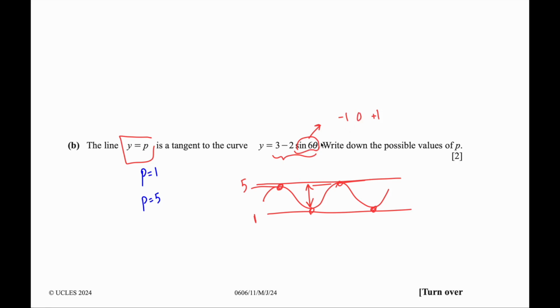Some students, unfortunately, think they get the minimum out of this if they choose 0, and that is not correct. Since this is -2 and I want the maximum number that I can take away from 3, if I multiply it by +1, I have -2 here, and 3 minus 2 is 1. Therefore, the range would be between 1 and 5, and those are the 2 values for P that the question is asking for.